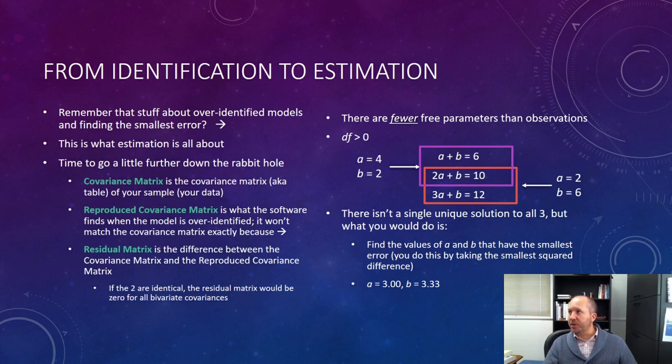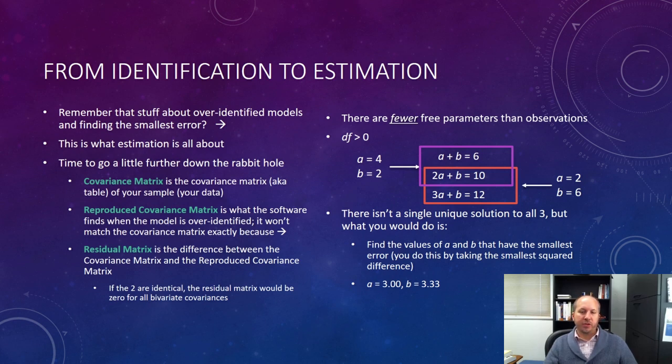So in this example here on the right, you have A and B are the two parameters that we are estimating, where 6, 10, and 12 are the three observations. So those would be equivalent to covariances in our covariance structure. What we have here is we can't get an exact parameter for A and B that works for all three.